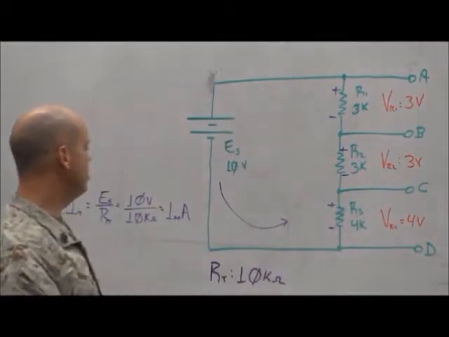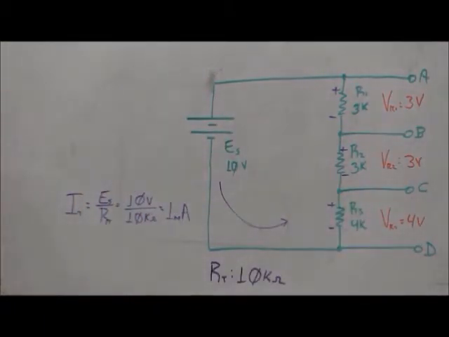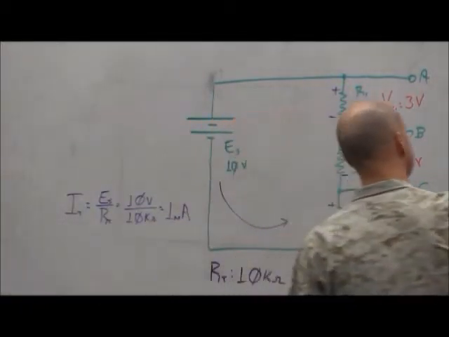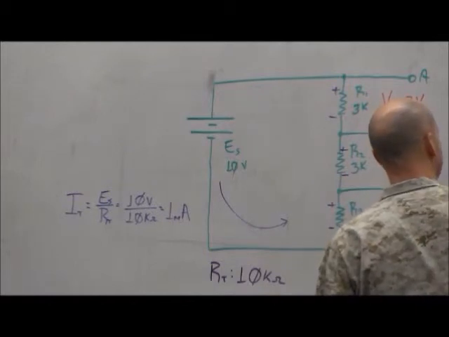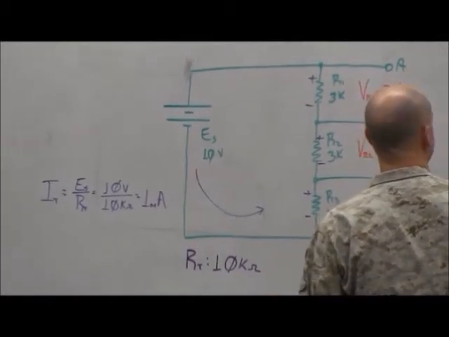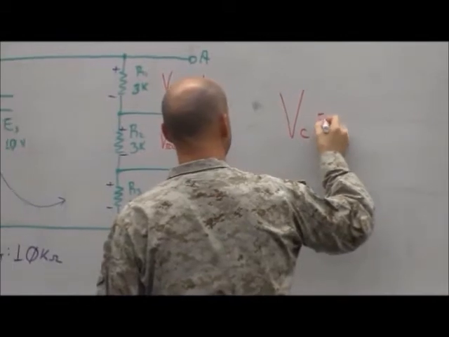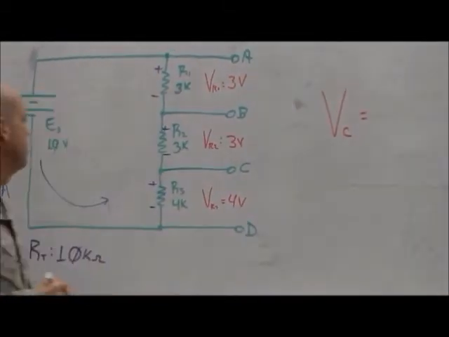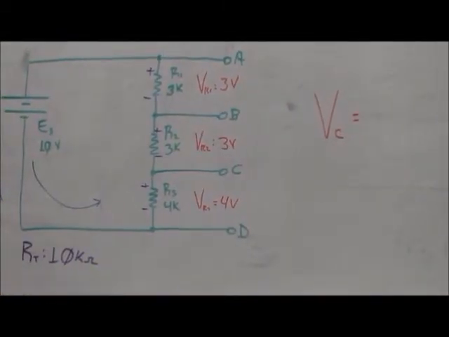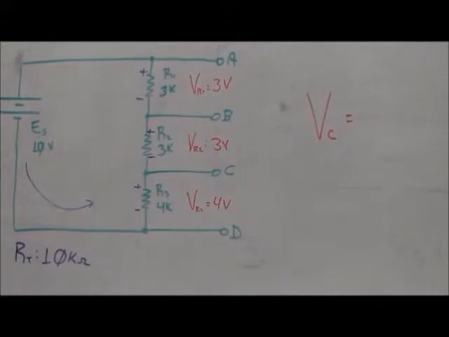Okay. Well, at this point, we've solved for pretty much all of the electrical parameters that would be called for, with some few exceptions. For instance, if I were to say, find the voltage of V sub C, what voltage would I be looking for?